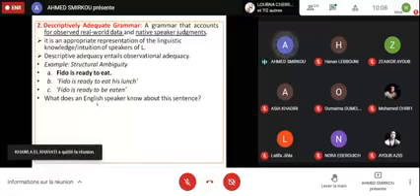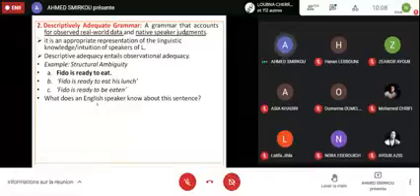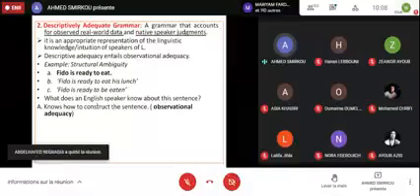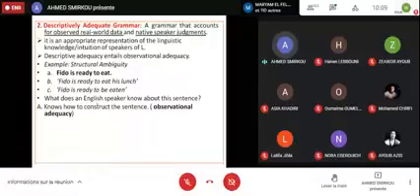So what does an English speaker know about this sentence? He knows how to construct the sentence. This is simply observational adequacy. So a grammar that is concerned only with how a speaker constructs the sentence, and he should construct the sentence correctly, then we are talking about observational adequacy.